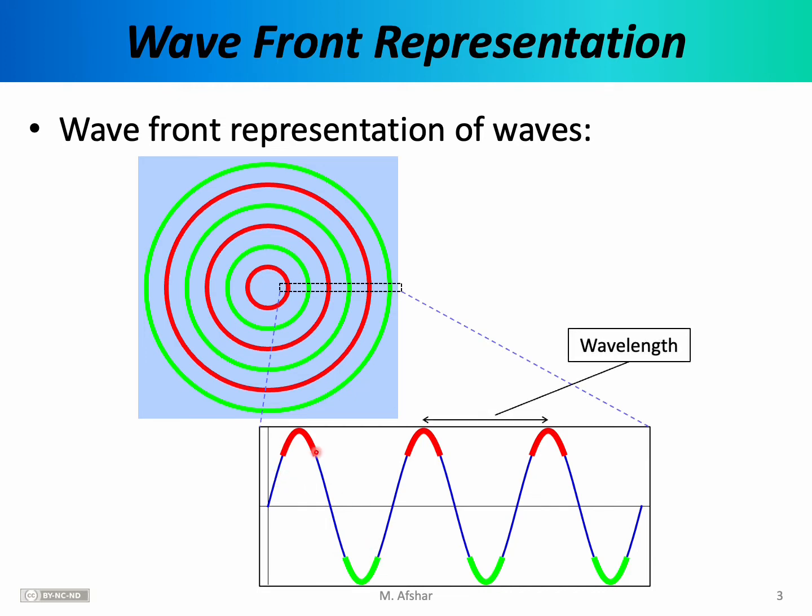Given the sinusoidal representation of a wave, you can look at the distance between two peaks and measure the wavelength. Similarly, given the wavefront representation, you can look at the distance between two circles and measure the wavelength. So these two wavelengths are essentially the same number. However, they are measured slightly differently for the two different representations of waves.